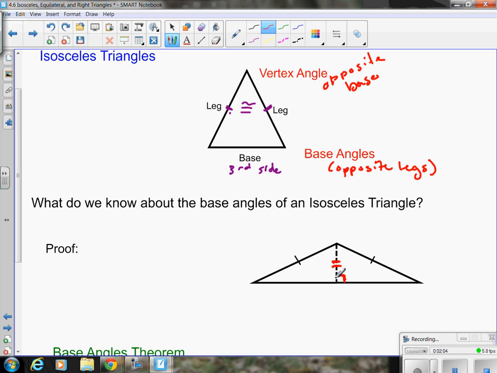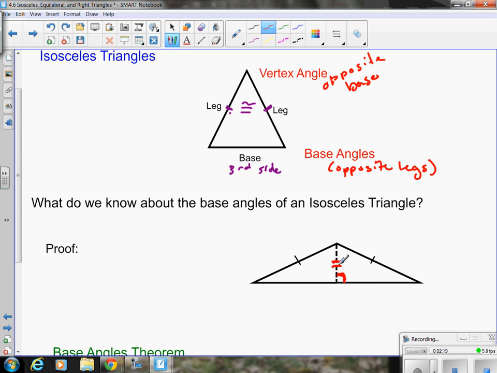So since this is a right angle, I guess this is my proof. There's probably a bunch of different proofs, but from what we know right now, this side and this side are the same, and it's a right triangle.